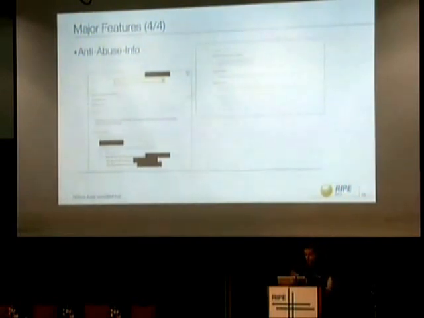And another restriction is that we only give out anti-abuse information for resources within the RIPE region. Details on this widget will be covered in the anti-abuse working group on Thursday.